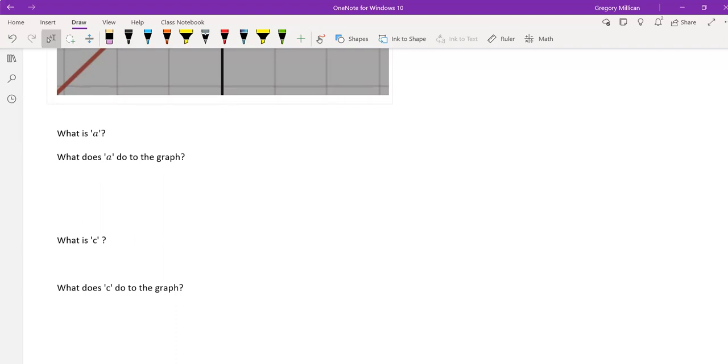Now we've done this before a little bit, so I want you just to drag the sliders around. I want you to tell me, what is A? Like where is it in the equation? We've already answered that question. It is the coefficient of X. Yes, it is the gradient in this context, but I want us to be a little bit more general than that.